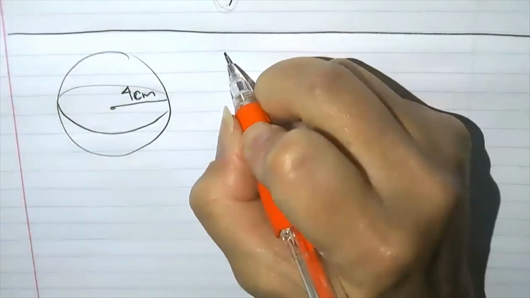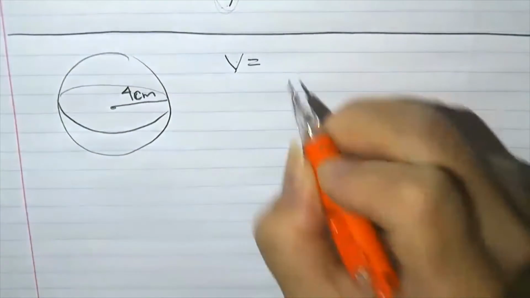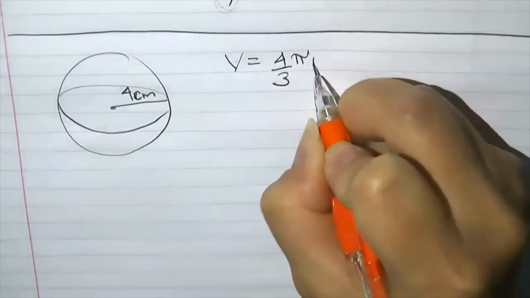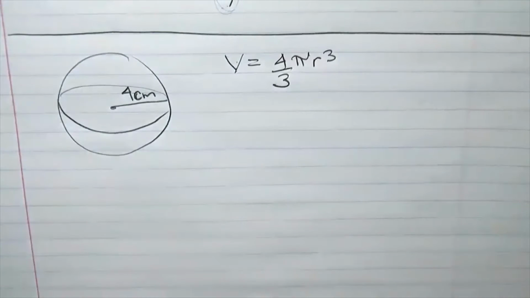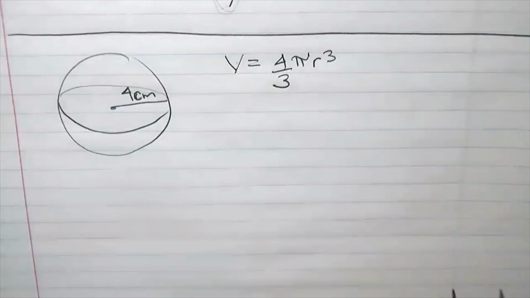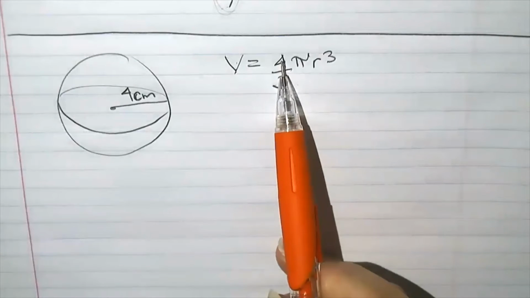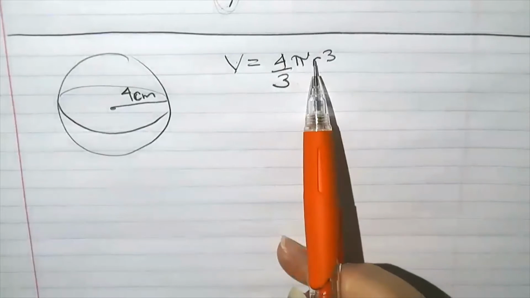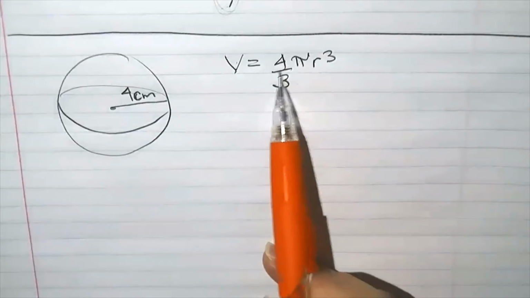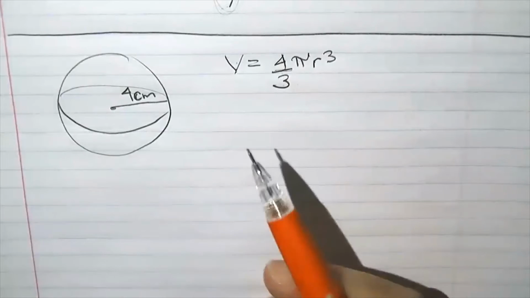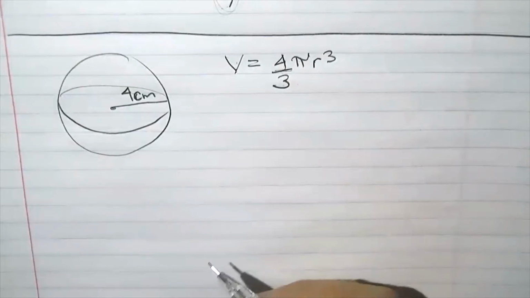Well, I know that the volume of the sphere is equal to 4/3 pi r cubed. Now, I would write my fraction like this with my numerator in line with pi and radius, and my denominator down below. It's going to make life a little bit easier. You'll see why in just a moment.